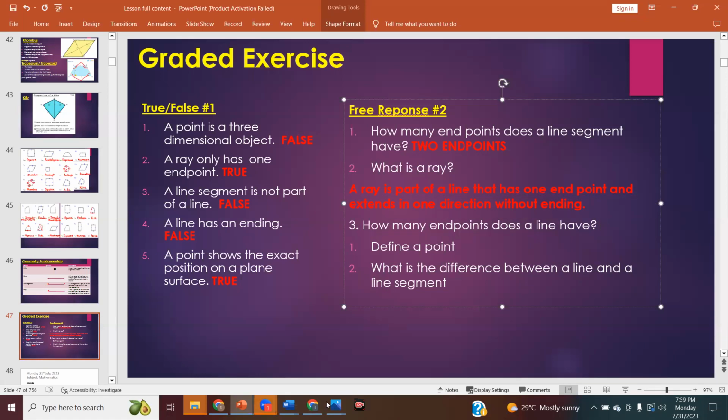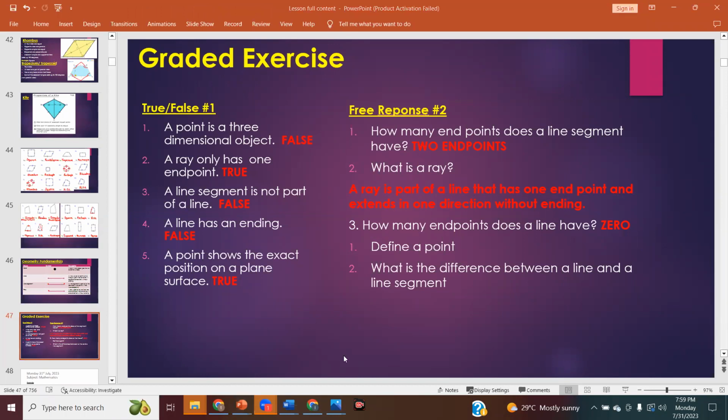I cannot hear from Kai. A line has 2 endpoints. Is he correct? Does a line have 2 endpoints? No, sir. How many endpoints does a line have? 0, because it never ends. It has no endpoints. Okay, a line has no endpoints.